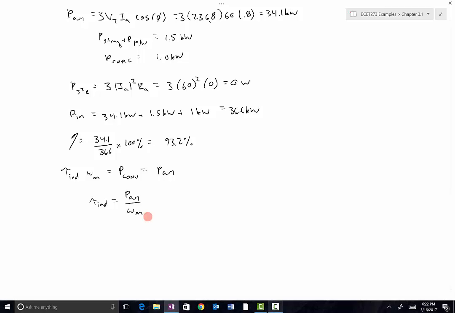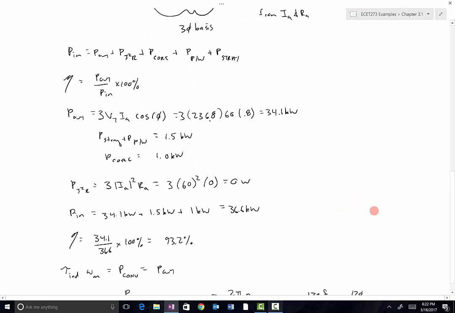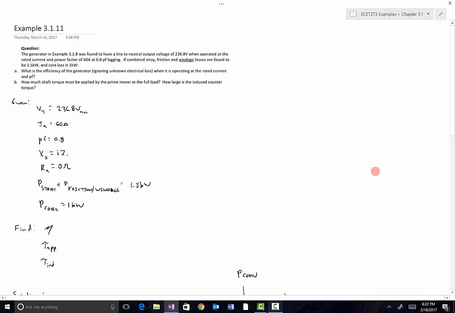The angular rate of rotation is 2 pi times n over 60, and n is equal to 120 F over P. I believe this was a 50 hertz generator, example 3.18.